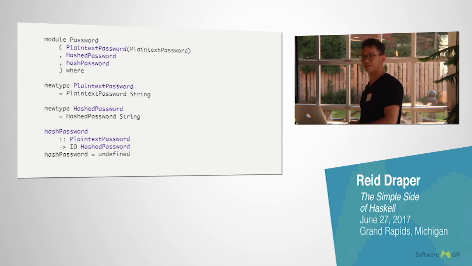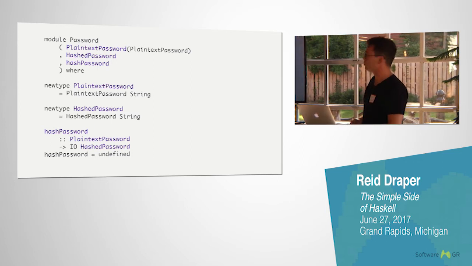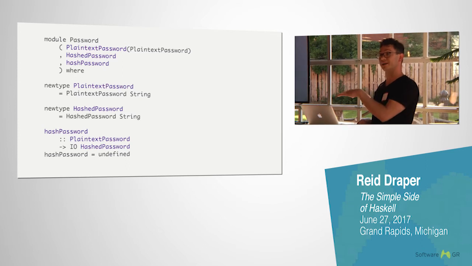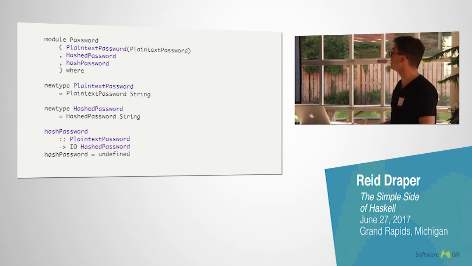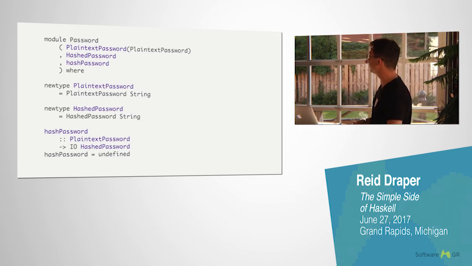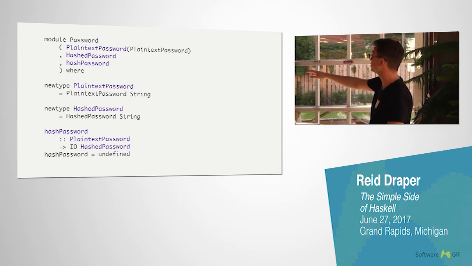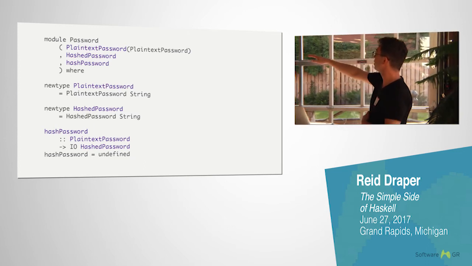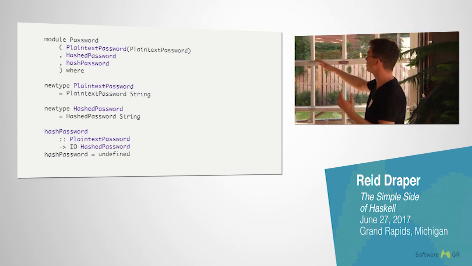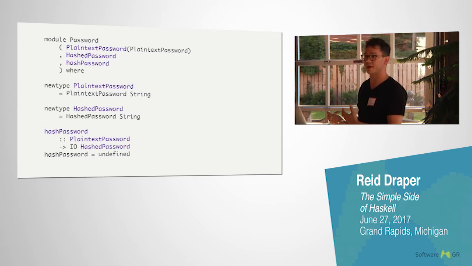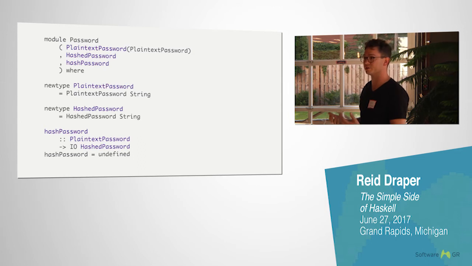Not hidden like in interpreted dynamically typed languages where if you really want to sneak in and get at it, you can. No, it's actually hidden. So we're going to create the same types that we did before, plain text password and hashed password. And when we export plain text password, this is just the syntax for saying we're also going to give you a way to create a plain text password directly from a string.